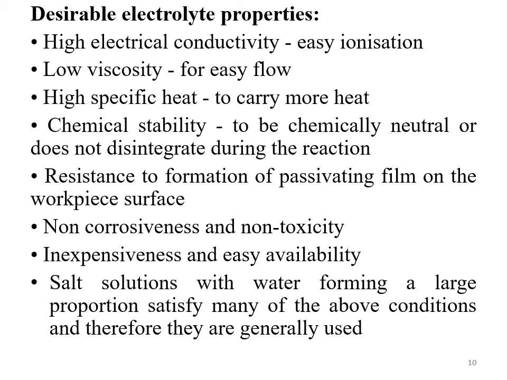Such a film we call a passivating film, and the formation of such films needs to be avoided, because if such a film is formed over the surface of either the tool or the workpiece, then further chemical reaction will not occur, or machining progress will not be achieved. And the electrolyte should not be corrosive.